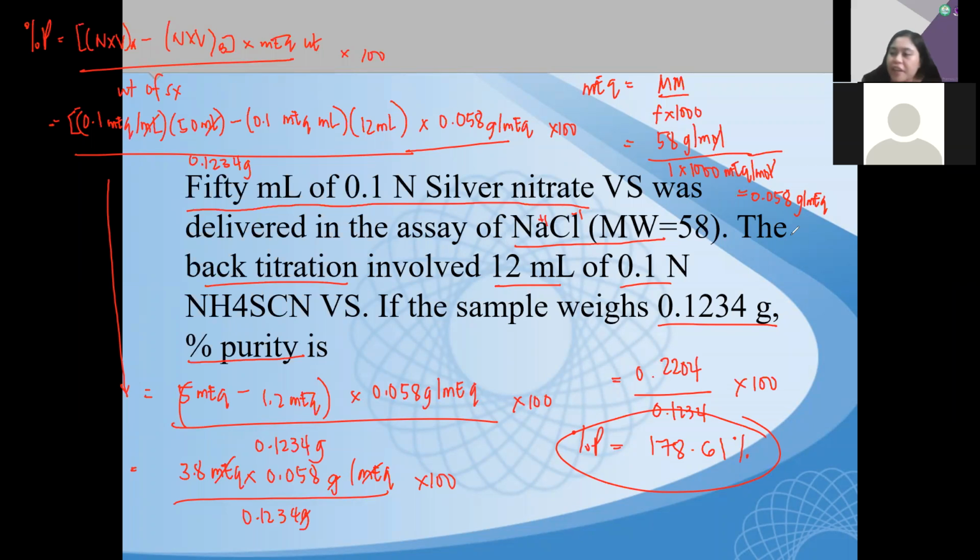If your answer is negative, that should give you a hint that your answer is wrong. If you get confused about which is A and which is B, just don't forget that there should be no negative answer. So, reverse it.